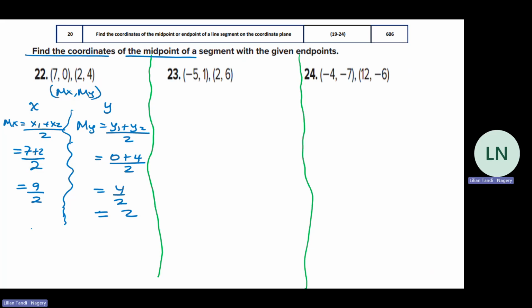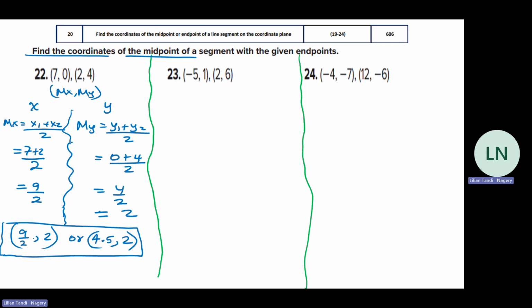I can write my answer two different ways. I can write it 9 over 2, comma 2, or I can write it 4.5, comma 2. Either way, both of them are correct. I just changed this fraction to decimal.